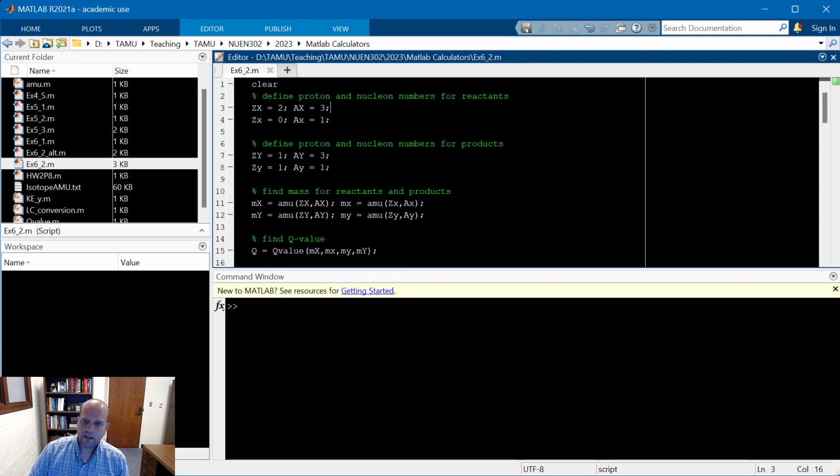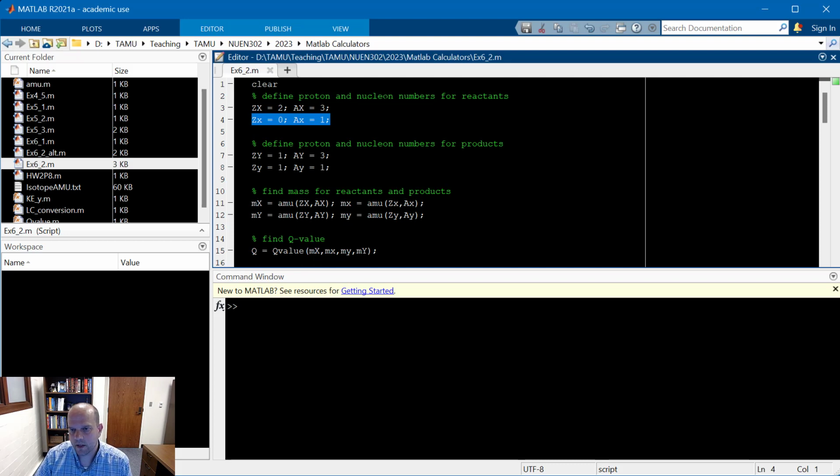So in this case, I've got my proton and nucleon numbers for my reactants. On the one side, I've got helium-3. Helium has 2 protons, and it's helium-3, so I have a total of 3 nucleons. That's my capital X. My lowercase x, it's a neutron coming in.